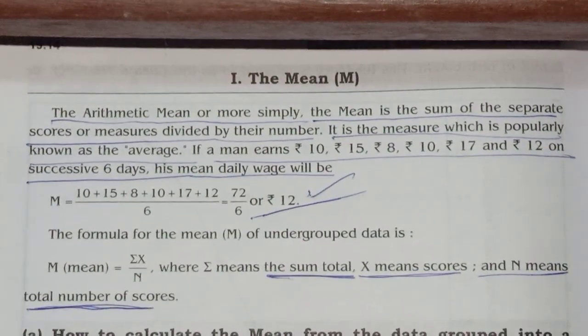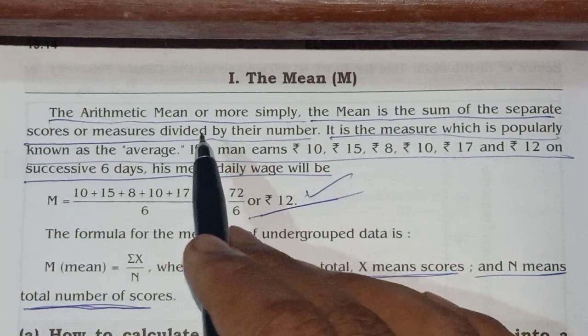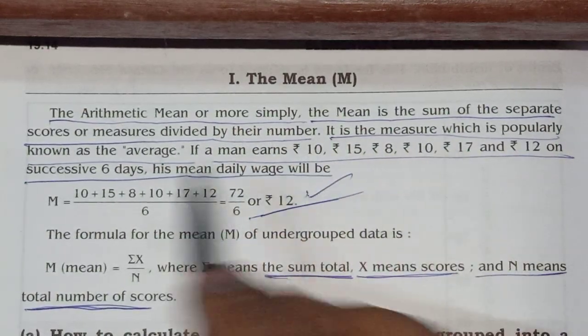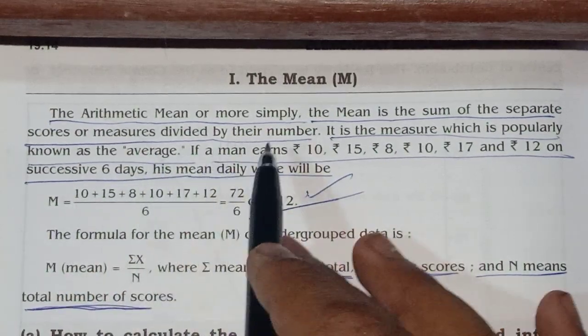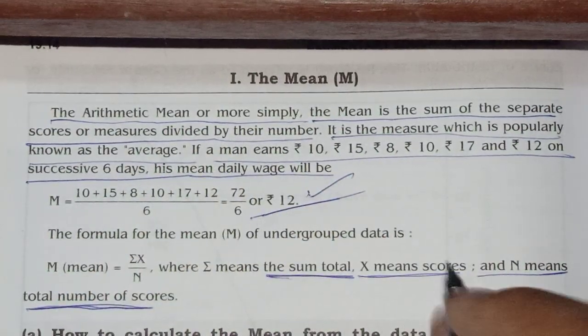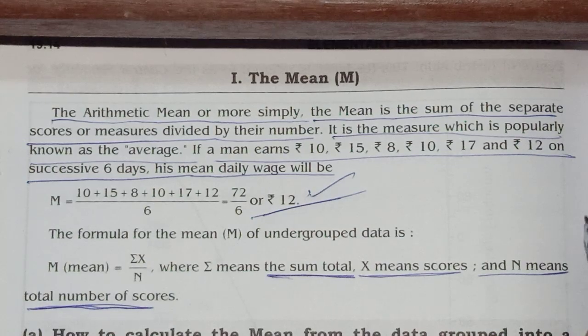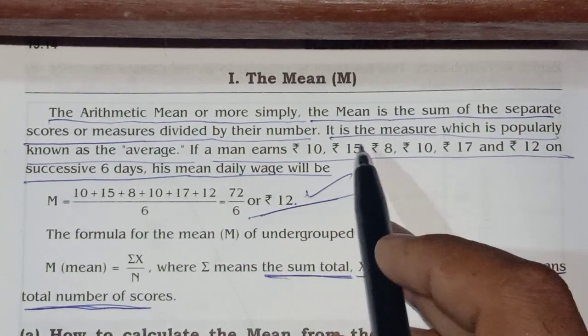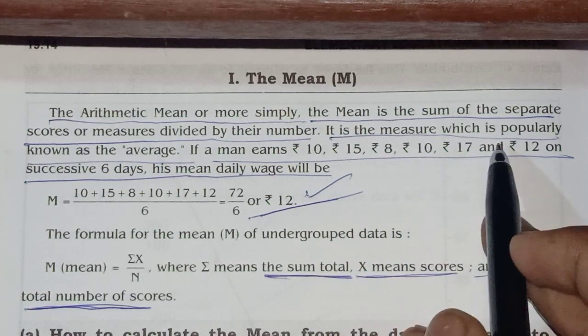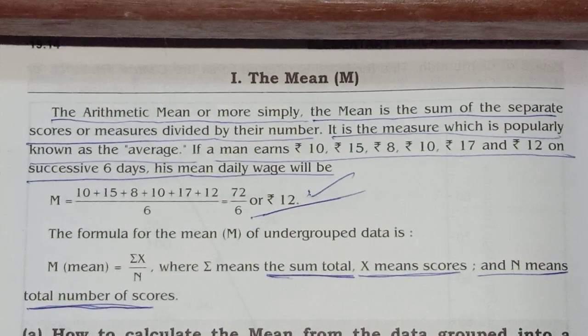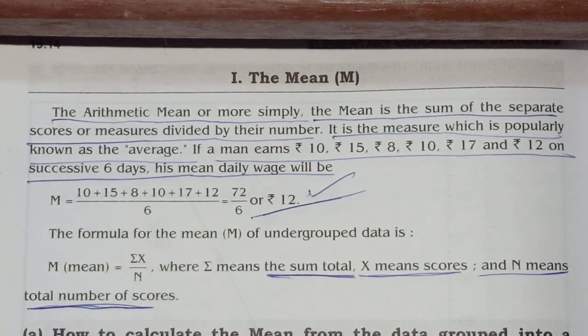The arithmetic mean, or more simply the mean, is the sum of separate scores or measures divided by their numbers. Okay, the sum of the numbers divided by their numbers. It is the measure which is popularly known as average. So mean is equal to average and median is like average in some point.